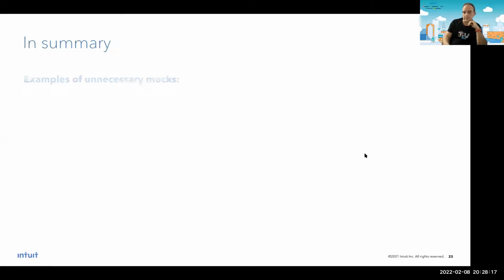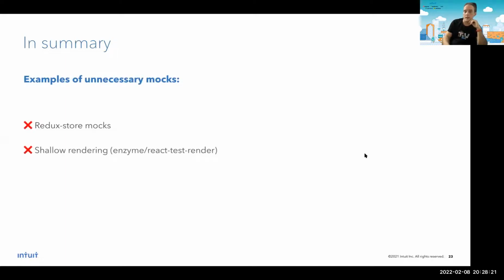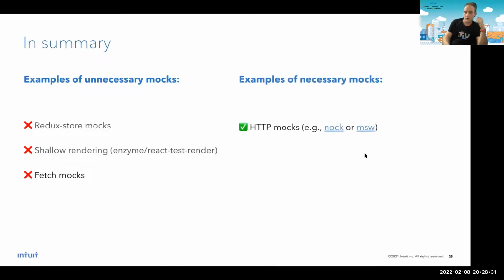So to summarize, you do not need to mock Redux store. You do not need to use shallow rendering. It's not a mock, and we'll speak about it a little bit later. You do not need to use fetch mocks, but instead you use HTTP level mocks such as NOCK or MSW. You can mock animation libraries.